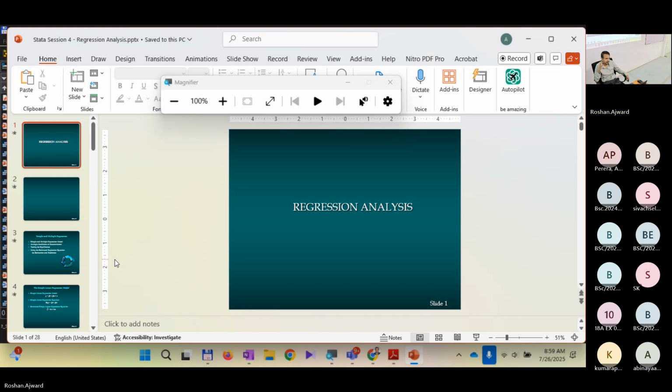Please take down the purposes of performing a regression analysis. Purposes, plural. Number one, the first reason: for prediction.